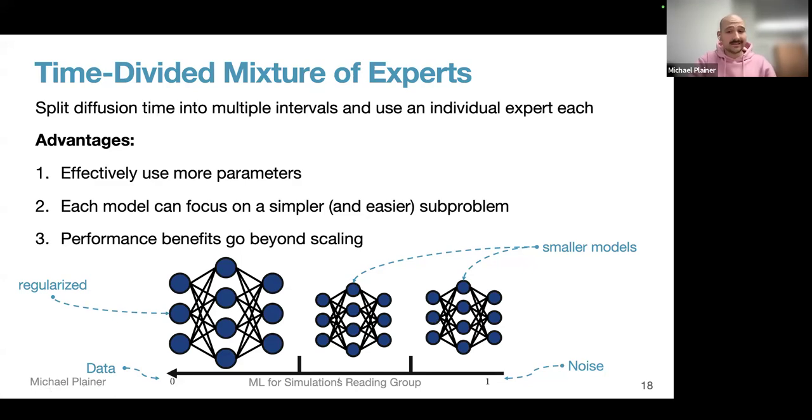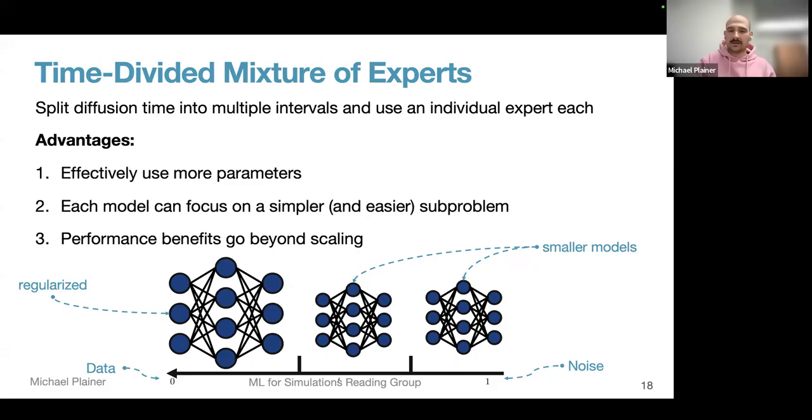Also, it's usually easier for the models to train because each has a very narrow range on which it is trained. Instead of training one model on the whole diffusion range, needing to understand Gaussians and also very detailed molecules, we say, okay, this is your narrow range, and it's easier for the model to overfit and be very robust on this range.